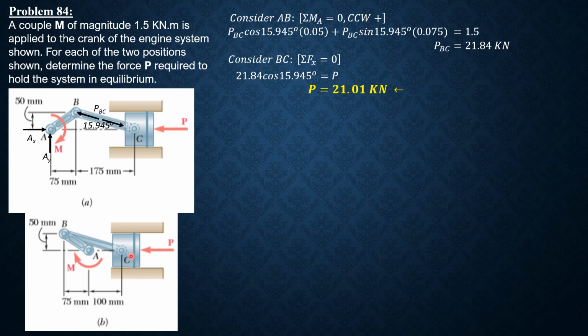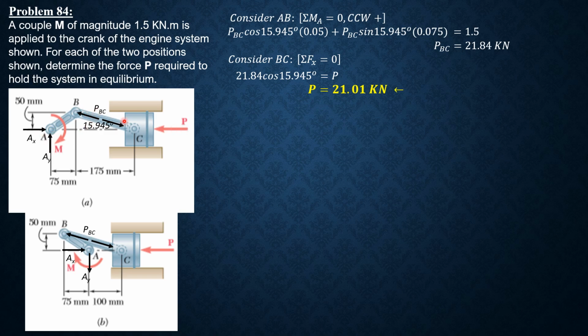For part B, again, we call the force in BC as PBC. Then the component reactions at A, this time rightward because PBC is leftward. So AY is downward this time because PBC is upward. AY supposedly at A is also downward, but it doesn't matter.